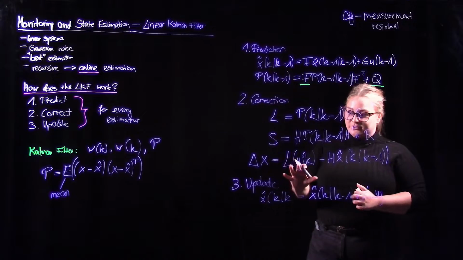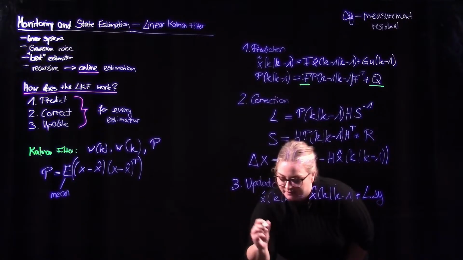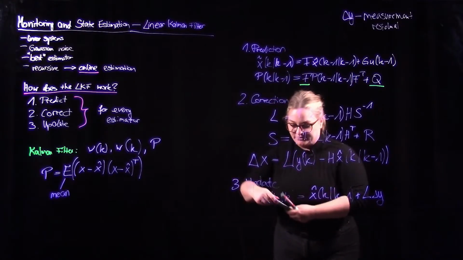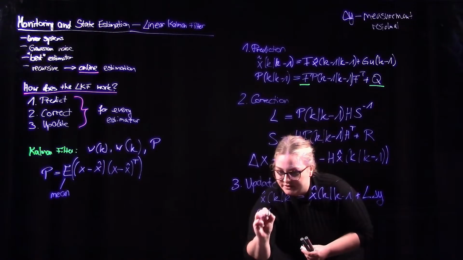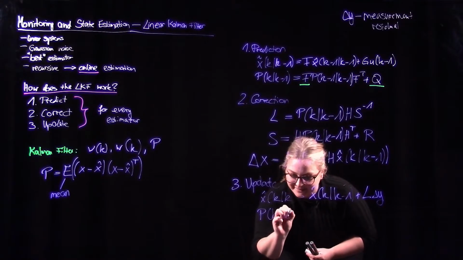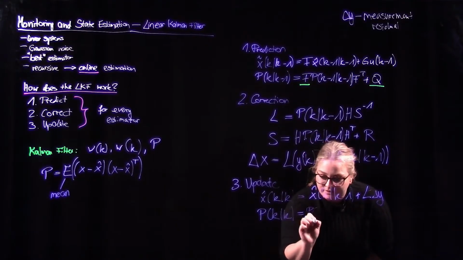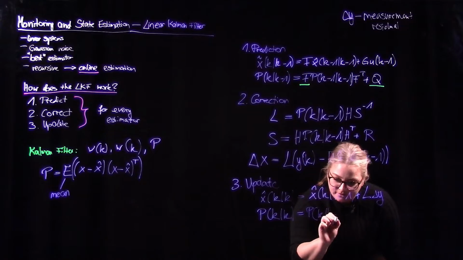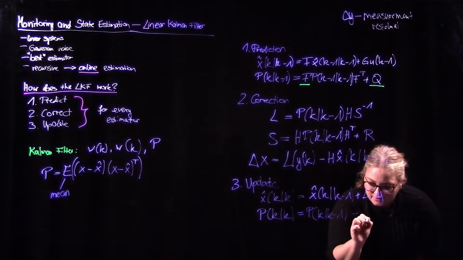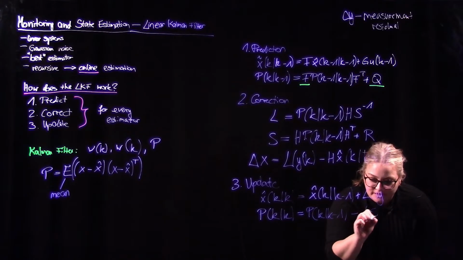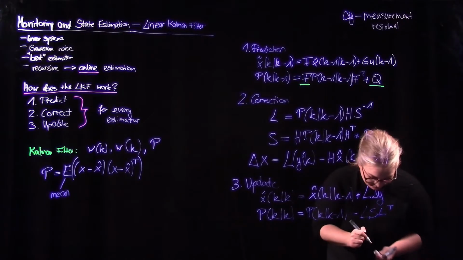Okay, so after we updated our state estimation, we also need to update our covariance matrix, which is P. This time also at state K, K. We have our previous covariance minus the Kalman gain times S and times the Kalman gain transposed.